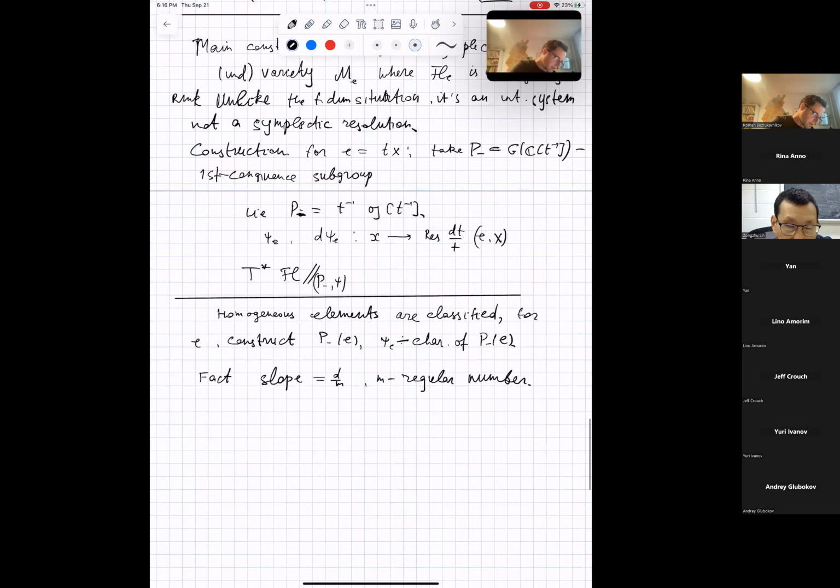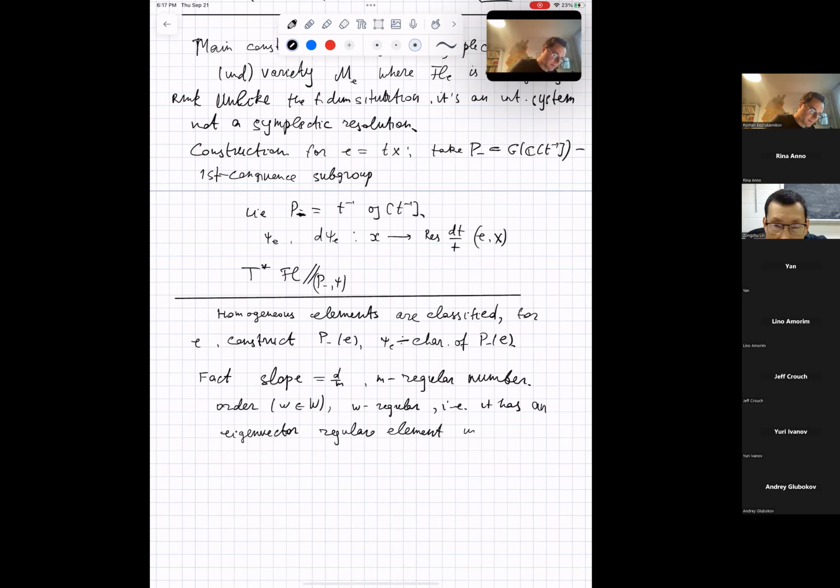It means that it's the order m of a regular element of W in W, where regular means it has an eigenvector which is a regular element in the Cartan. So this is somewhat non-trivial, and this is actually related to the study of Z mod m gradings on the finite dimensional algebra. So some rather classical chapter.